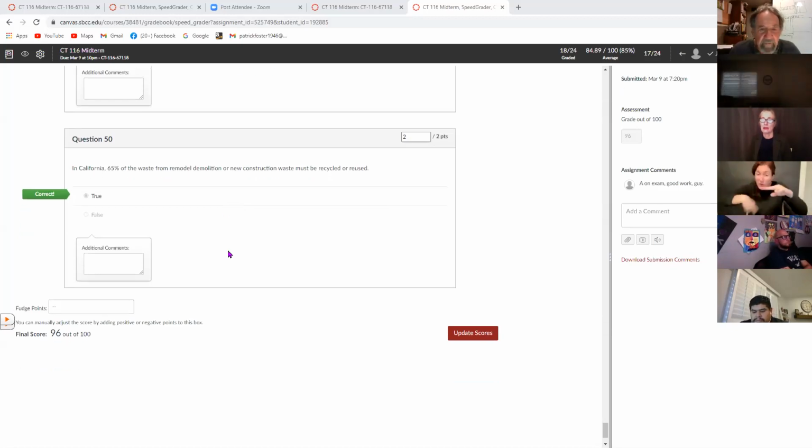So anyway, it's great that California keeps increasing the amount of material required to be reused or recycled. I like that. Someday, we're going to have an industry where designers use material that can be easily reused.